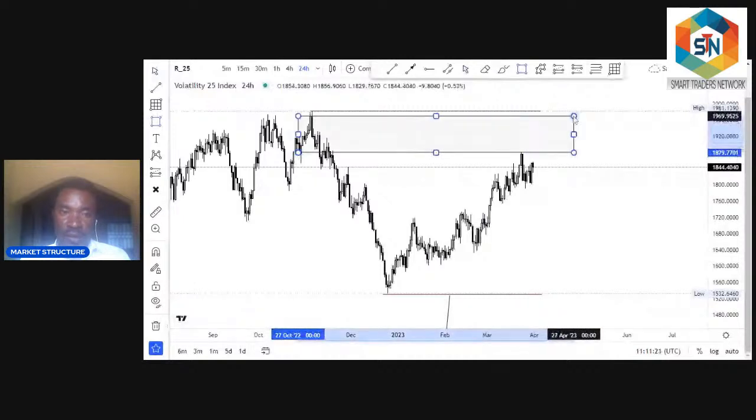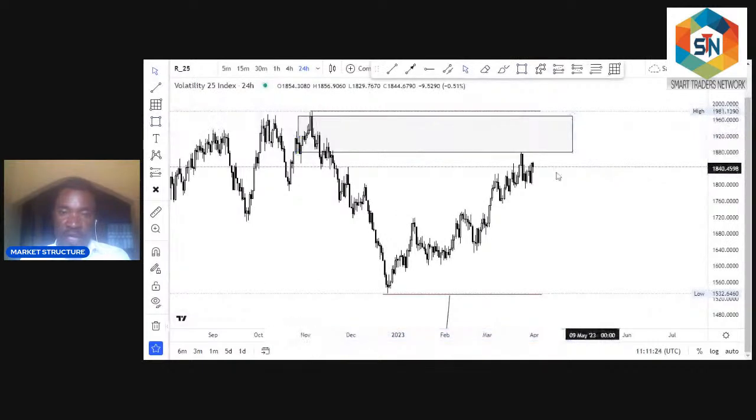This is what I'm still expecting. I'm still expecting price to come here, then we sell down since we are bearish on the weekly and daily is retracing. So we'll keep adding buy positions till we get to this point of interest.